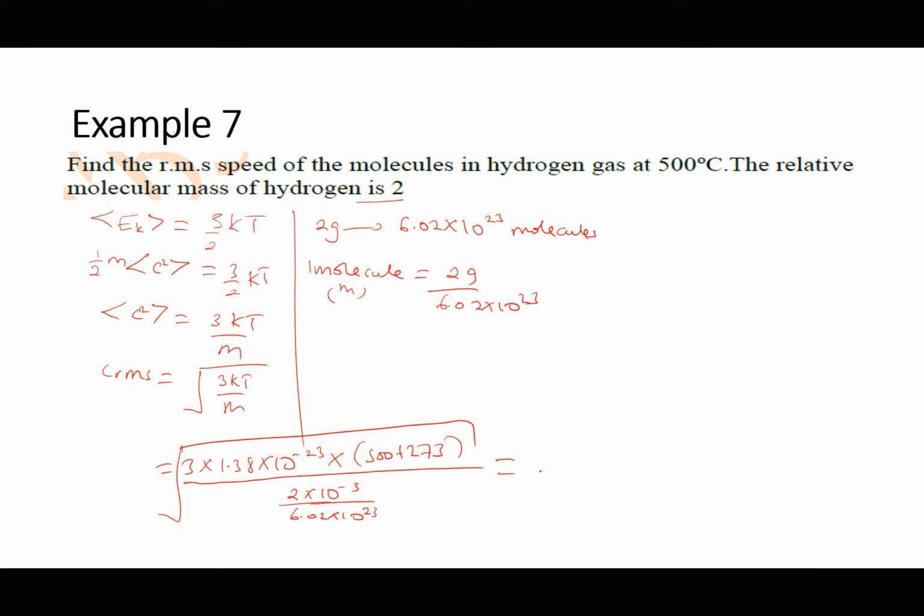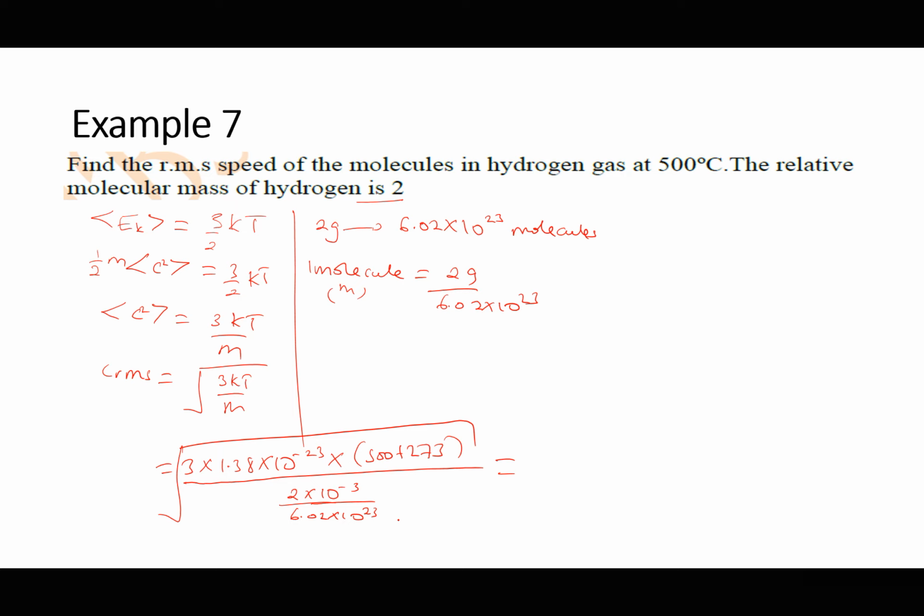So let's press our calculator very fast. 3 times 1.38 times 10 power negative 23 times 773, times 6.02 times 10 power 23, divided by 2 times 10 power negative 3, all under the square root.